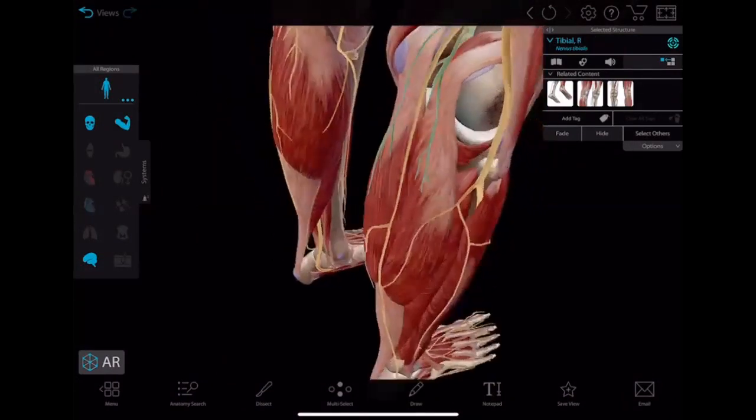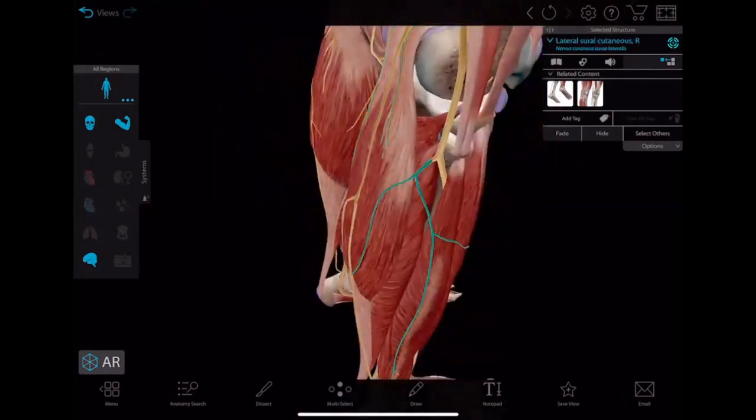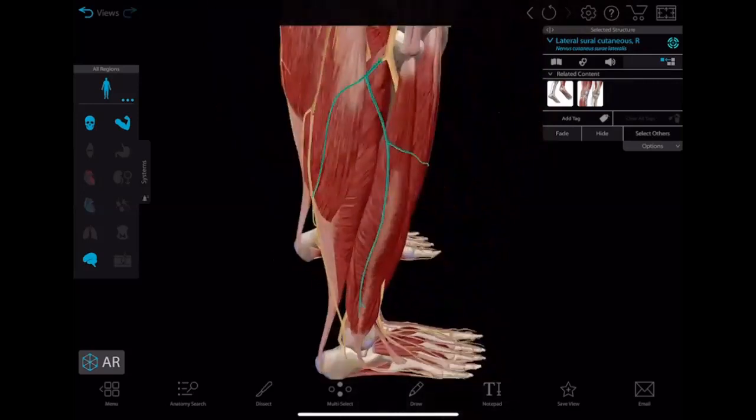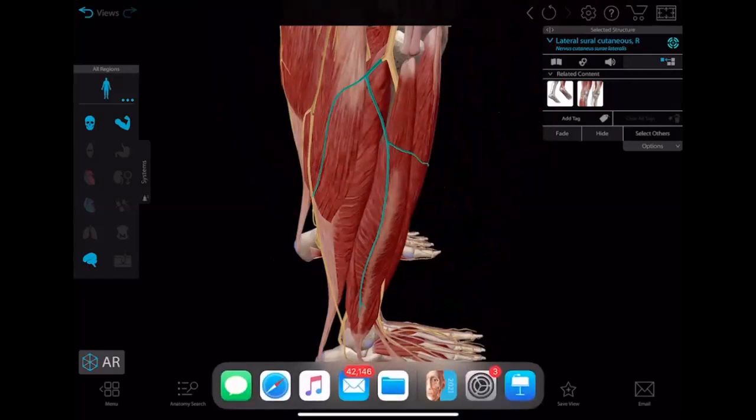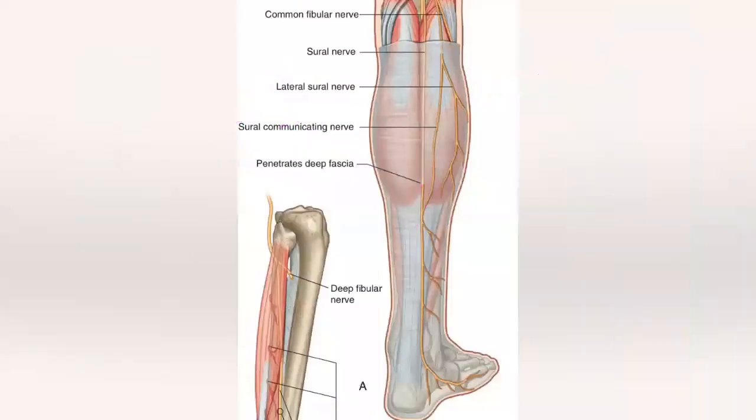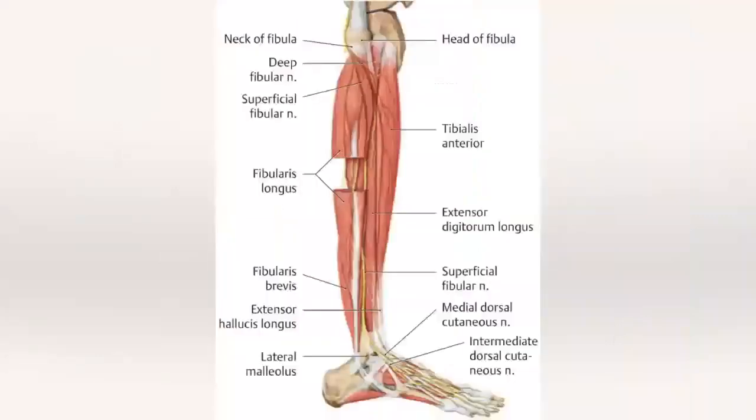So this one is the lateral sural cutaneous nerve. The sural communicating nerve is not represented in this atlas. We go through all those diagrams.